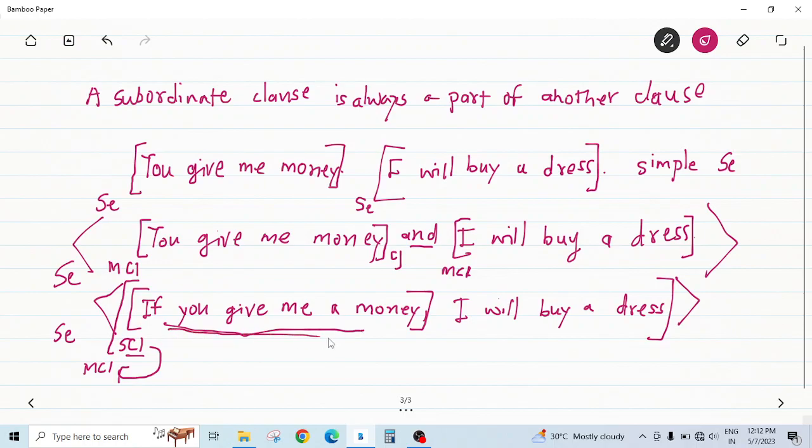This SCL has to be dependent upon this sentence, that is, I will buy a dress. If you give me a money, this subordinate clause has no its own meaning. It is always dependent.